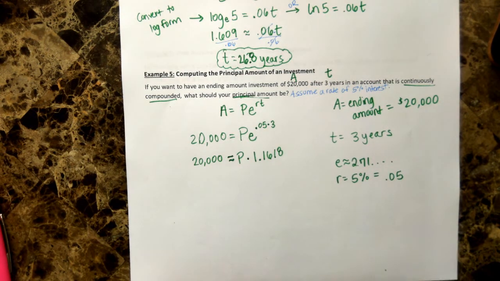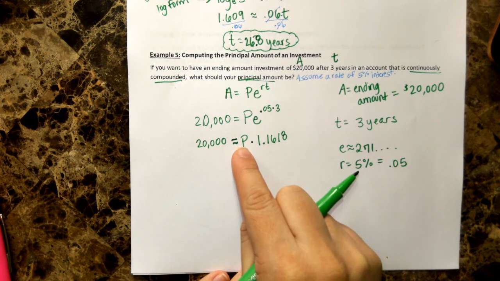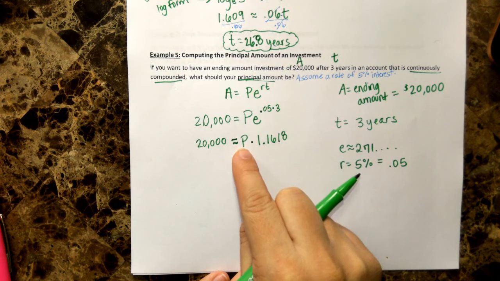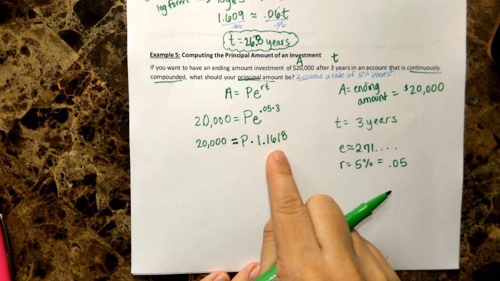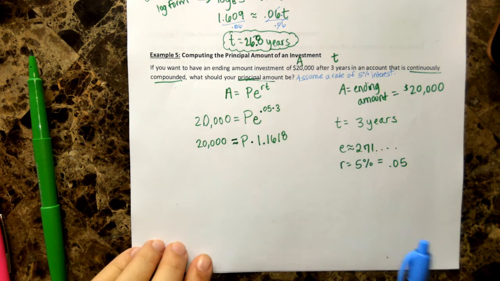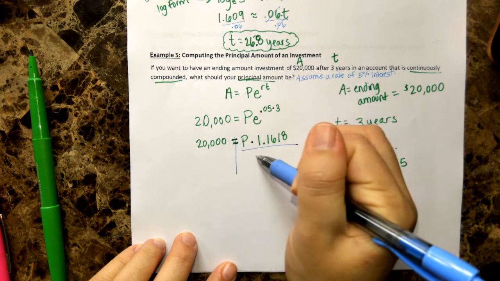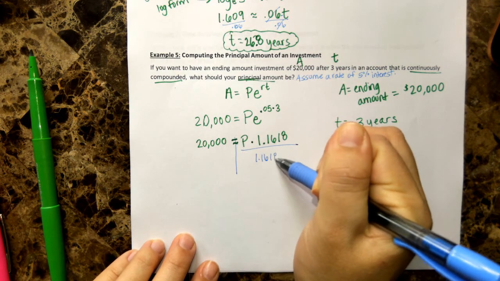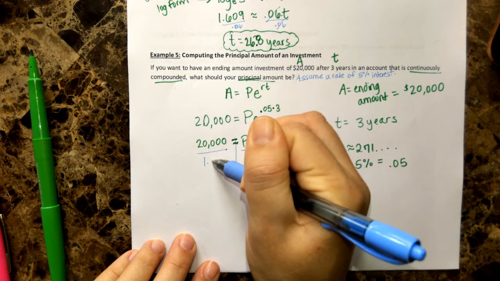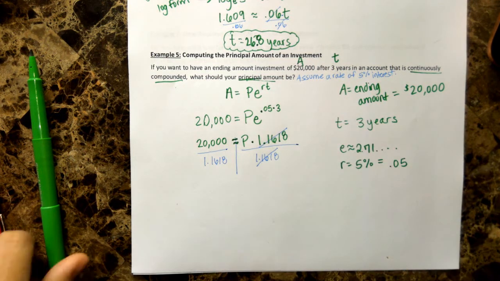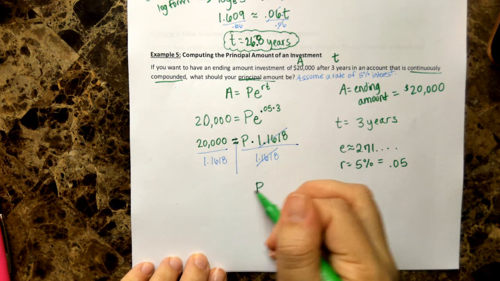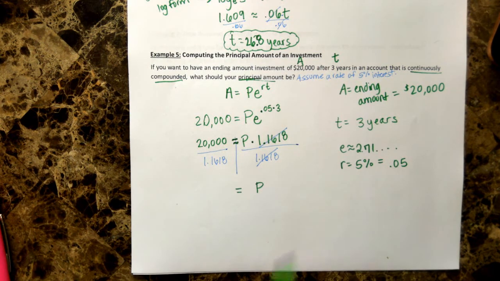Okay. I'm almost done. I just have to get P by itself. So all I have to do to get P by itself is, well, the opposite of multiplying by 1.1618 is dividing both sides by 1.1618. Okay, those will cancel out. And our principal amount, that's how much money should have been in the account to start with to reach this goal.